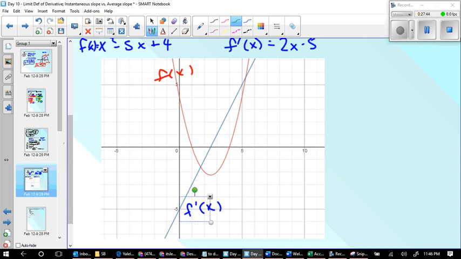Again, the blue represents the slope at every single point on f. So on the left side of my graph, I have a negative slope.